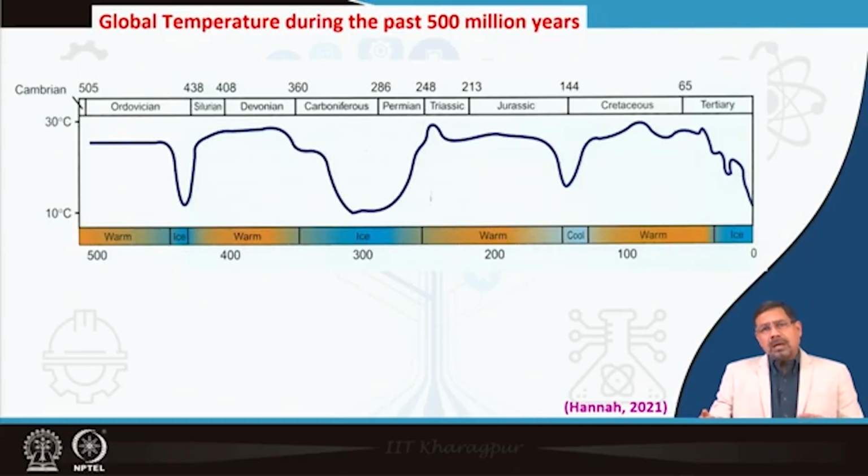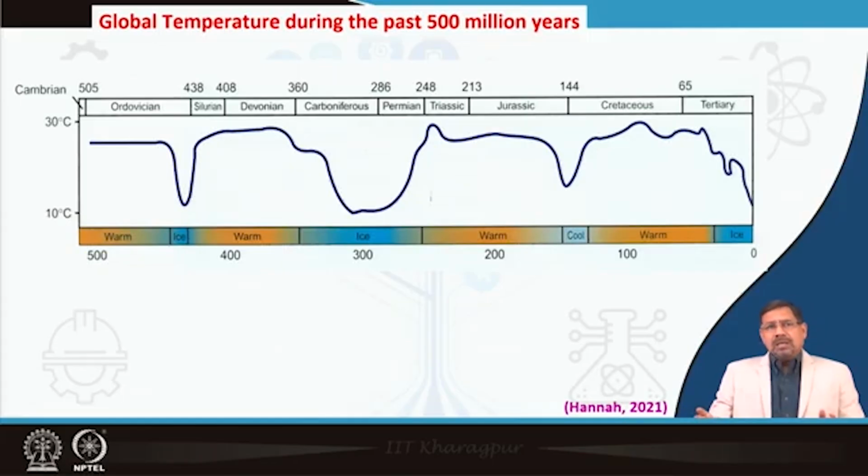Here on the x axis, going from right to left, that means from present to the past 500 million years, we have plotted the average temperature of Earth. On the y axis, the bar goes between 10 to 30 degrees centigrade as far as Earth's average surface temperature is concerned.